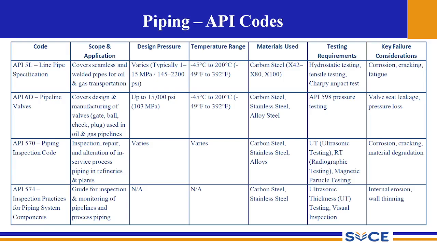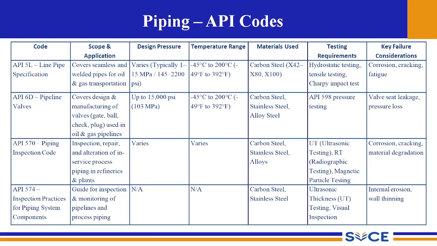The carbon steel material is normally coming under the scope of API 5L, that is the line pipe specification. Testing requirements are the hydrostatic testing, then tensile testing, and the impact test. The failure considerations, the API 5L code considers the corrosion failure, cracking, and the fatigue failure.